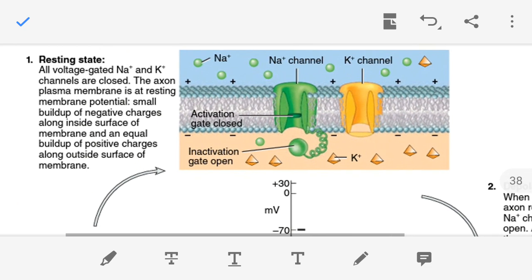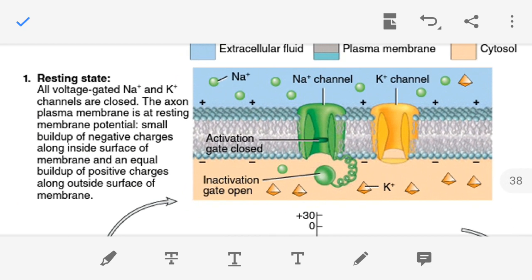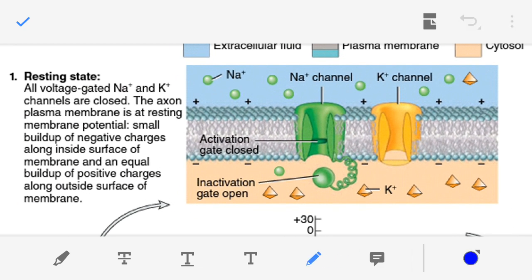During the resting state, the voltage-gated K plus and Na plus channels are closed. So this channel is closed, this channel is also closed. So the axon plasma membrane is at resting membrane potential.